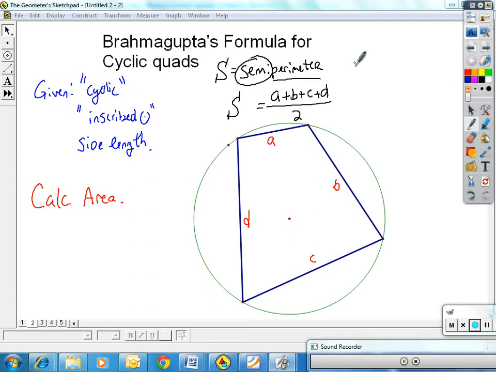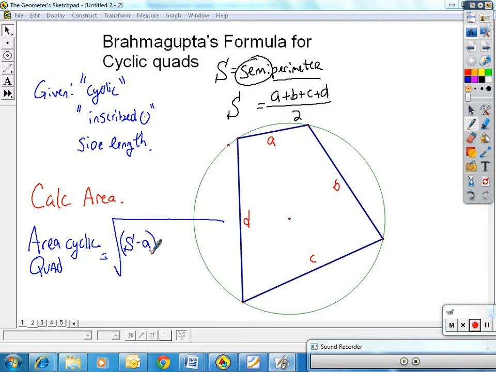So the area of a cyclic quad is equal to the square root of the semi-perimeter minus side length A multiplied by the semi-perimeter minus the length of B times the semi-perimeter minus the length of C times the semi-perimeter minus the length of D.